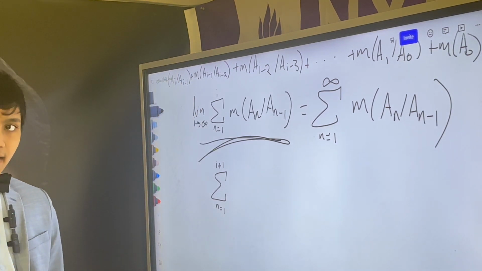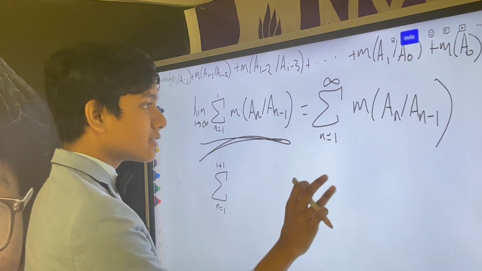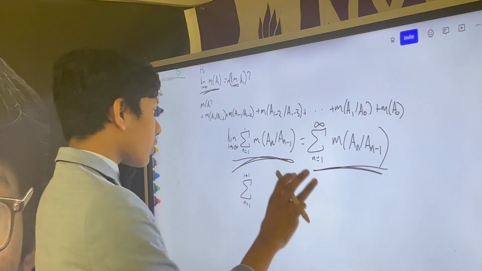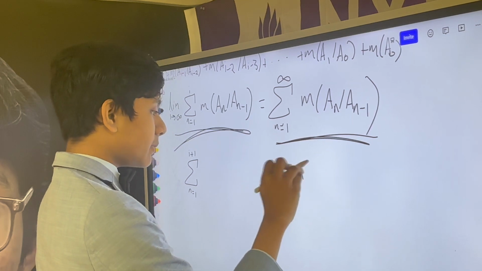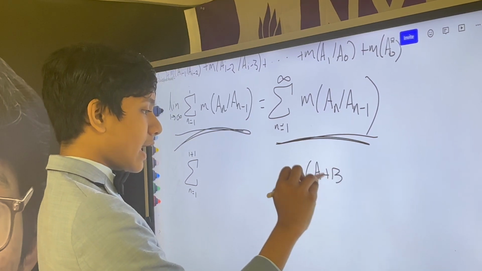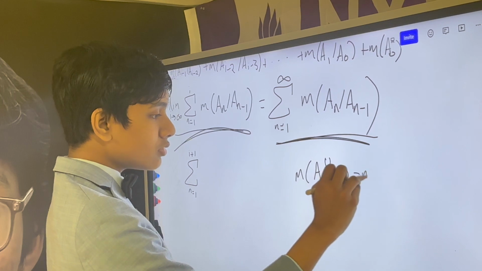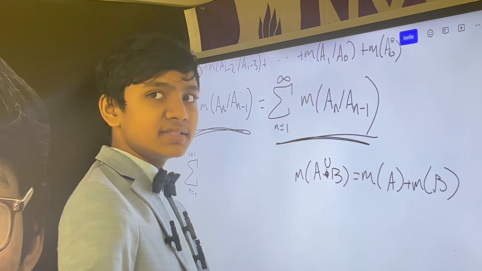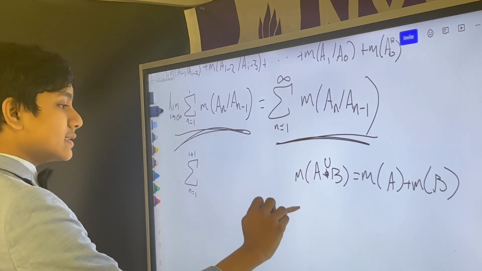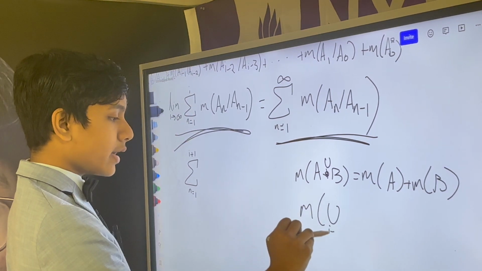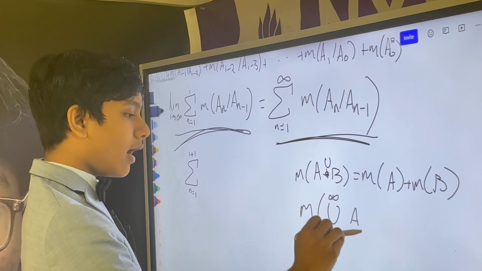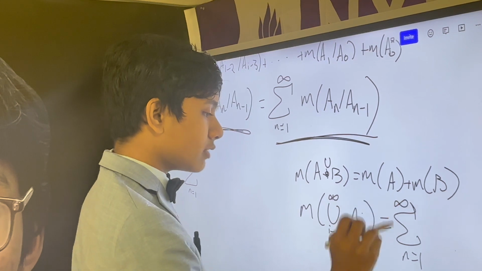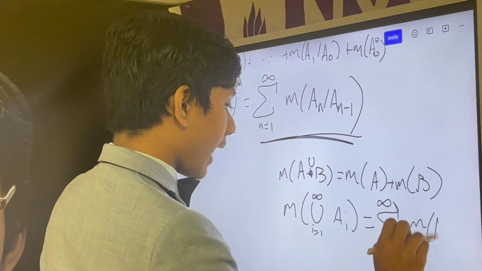But now, realize that we have subadditivity, which is the most wonderful thing in the world, because subadditivity allows us to say m of A union B is equal to m of A plus m of B, and that works with infinite unions too. We can say m of the union from i equals 1 to infinity of A_i is equal to the sum from n equals 1 to infinity of m of A_n.